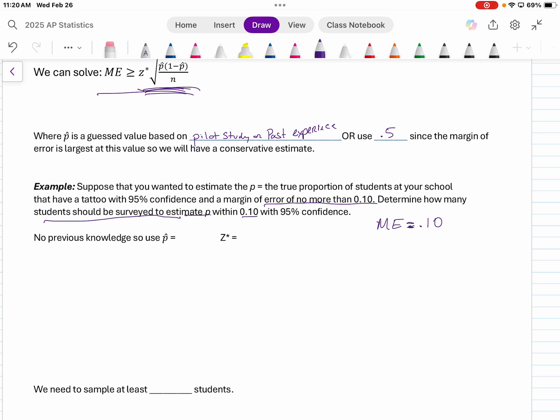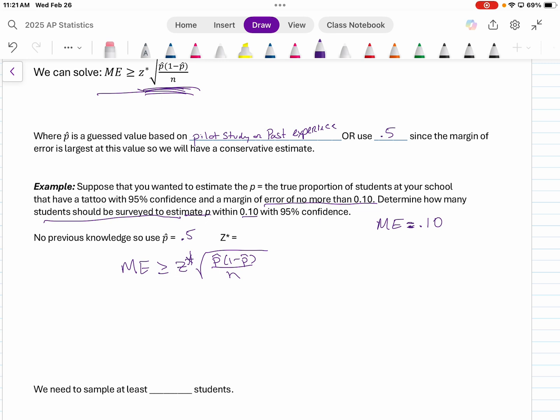All right, so when we think about it, the formula is margin of error is greater than or equal to our Z star times the square root of P hat times 1 minus P hat over N. Now, we don't know N. Did they say in here there was a sample or a study already done? No, so in that case, our P hat has to be 0.5. You either have a tattoo or you don't.